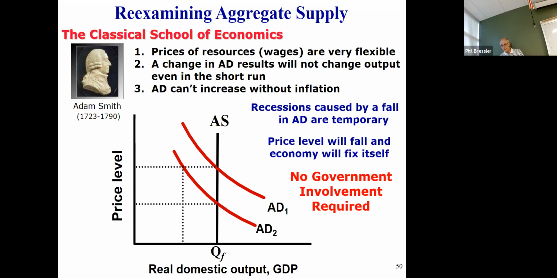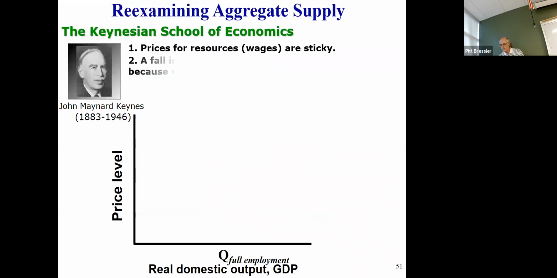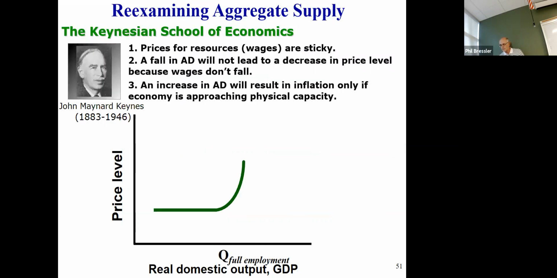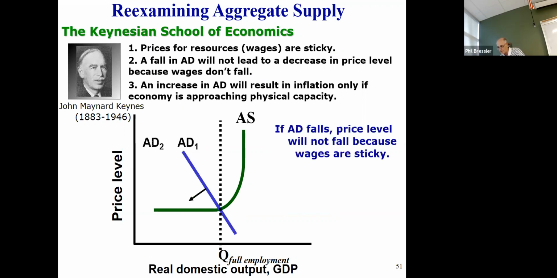Keynes, if you remember, is kind of that three-step curve. Okay. And he says wages are sticky. So his big thing is now, if aggregate demand goes down, price levels don't change.